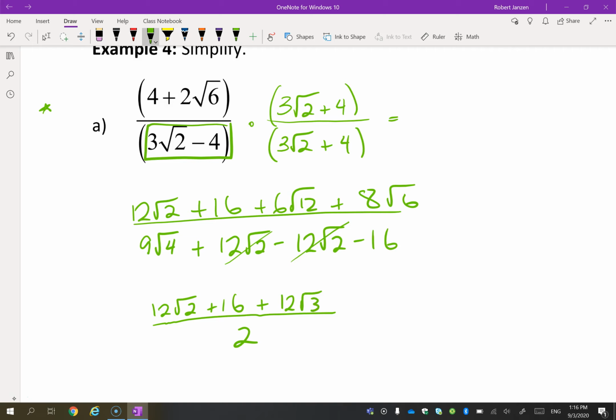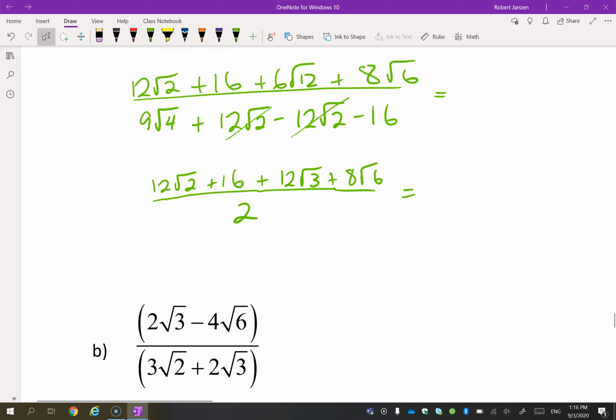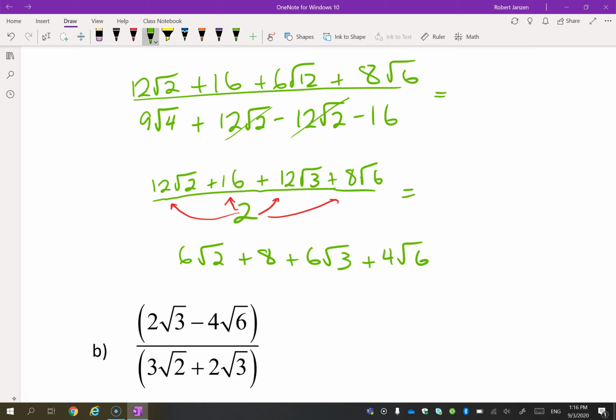So this is going to be 12 root 3 plus 8 root 6. And we're done if it can't be simplified. But it can. This 2 can divide into each of these terms. So I'm going to get 6 root 2 plus 8 plus 6 root 3 plus 4 root 6.